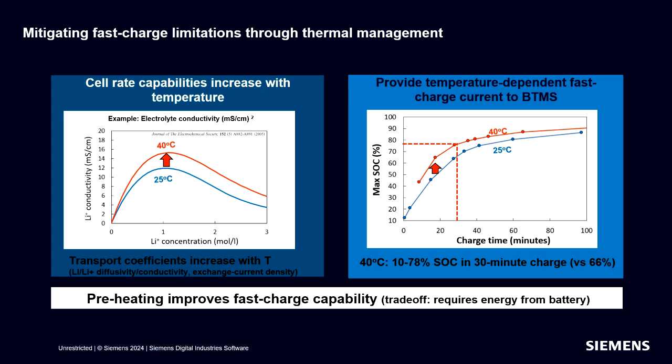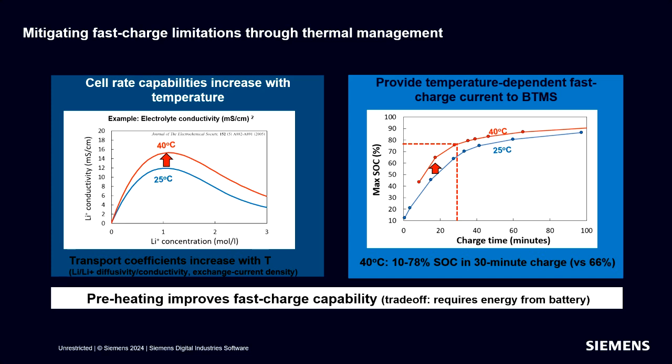To obtain the charge map on the right, we surveyed the scientific literature to reasonably estimate our cell's kinetic parameters at 40 degrees Celsius. And based on this new map, which is the red curve, the cell can now be charged from 10 to 78% SOC versus the 66% SOC observed at room temperature.